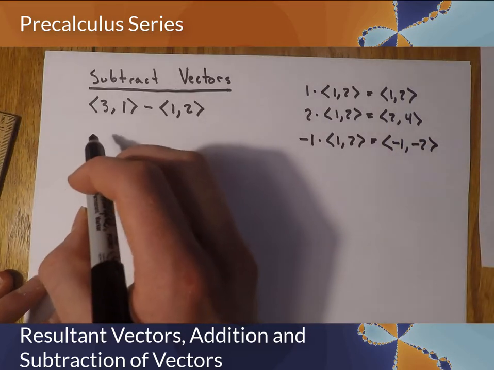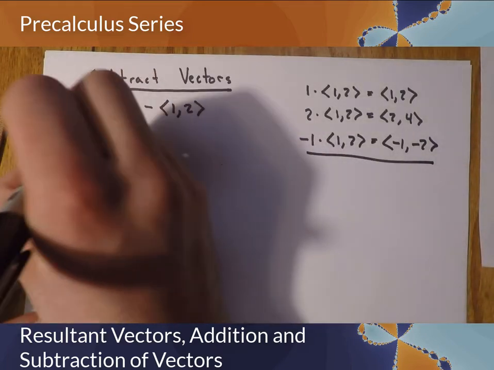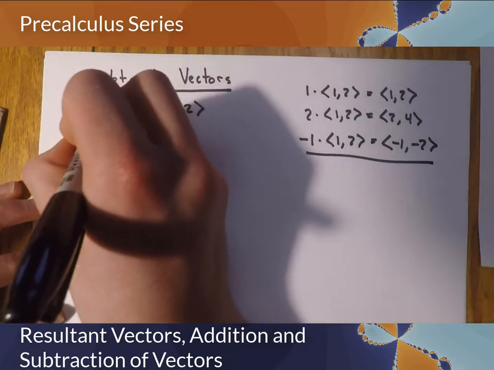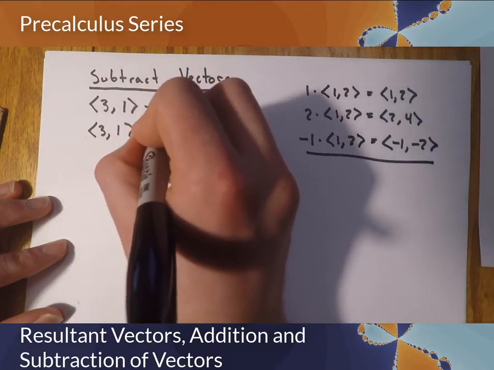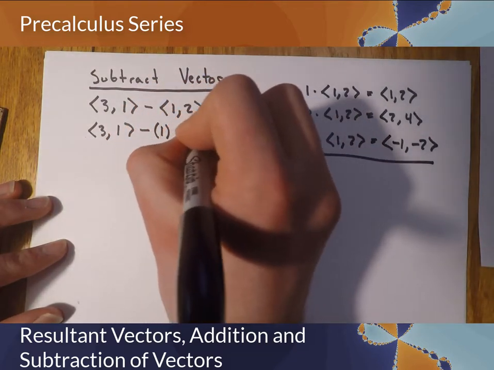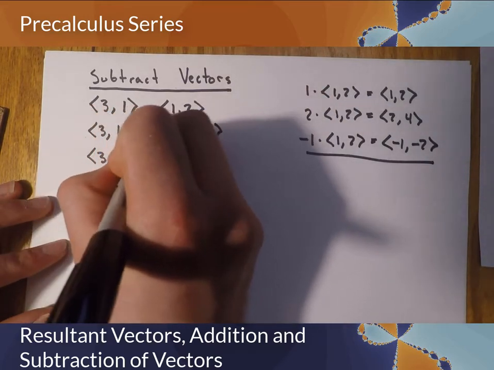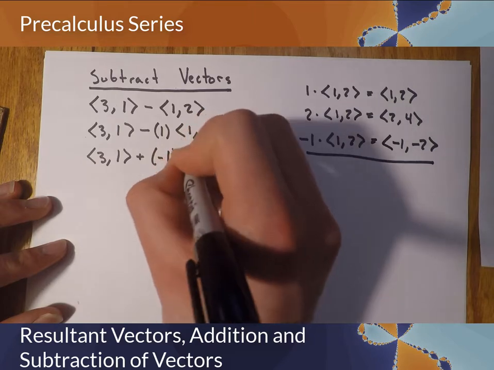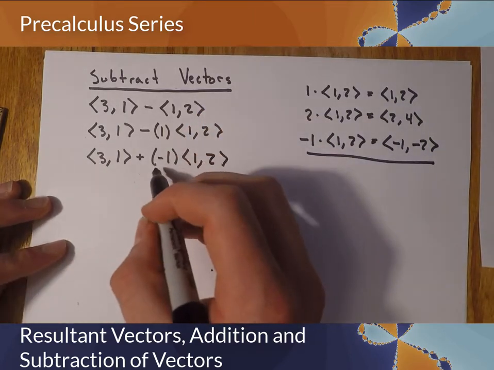So now, using this, we can rewrite this problem as 3, 1 minus 1 times 1, 2, and then rewrite it again, plus, like that. And this negative now is absorbed in this scalar.